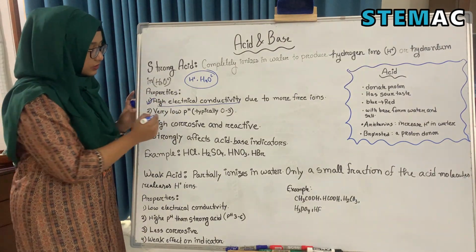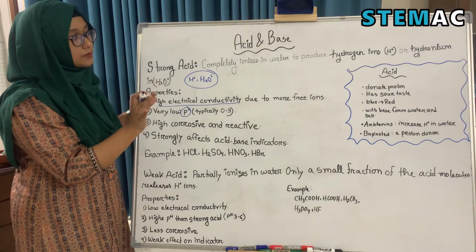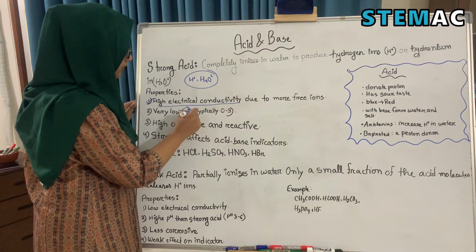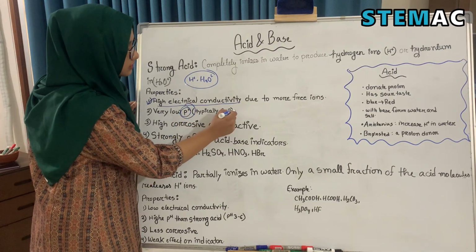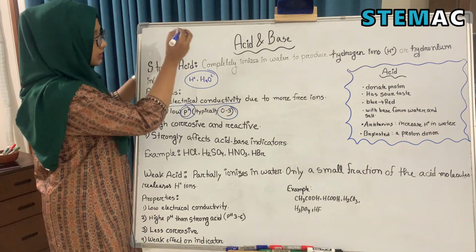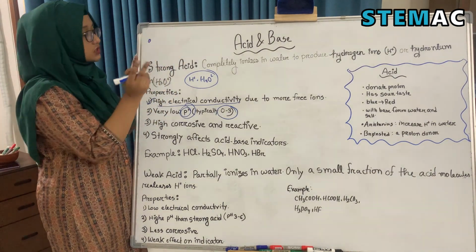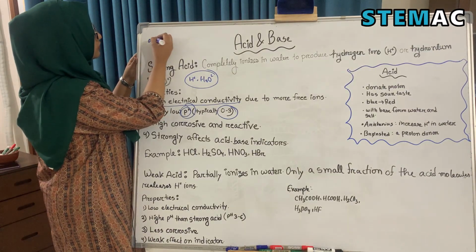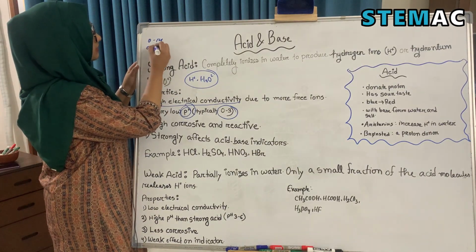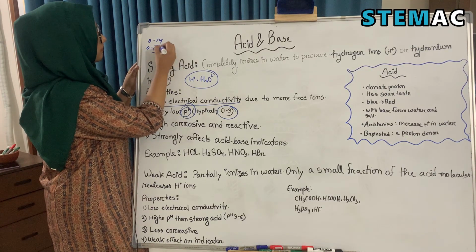Secondly, it shows very low pH, as the H plus ion concentration is high here, so it is going to show a low pH, typically 0 to 3. On the acid-base scale from 0 to 14, 0 to 6 is the acid part, and from 7 to 14 it is the base part.